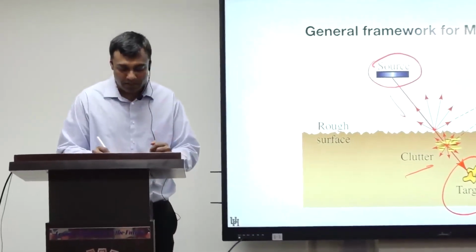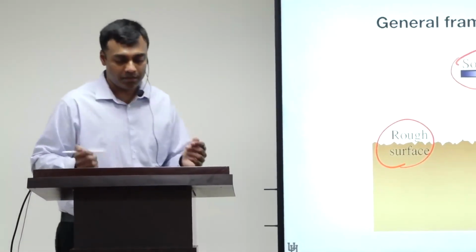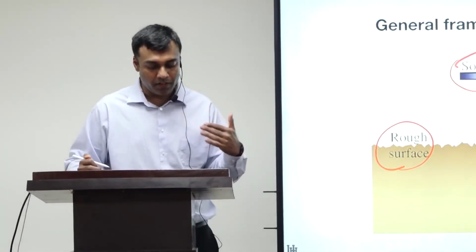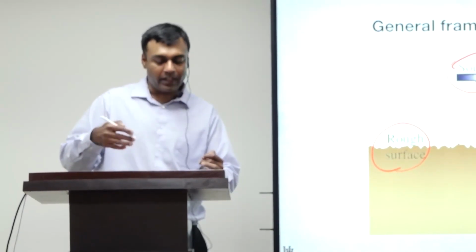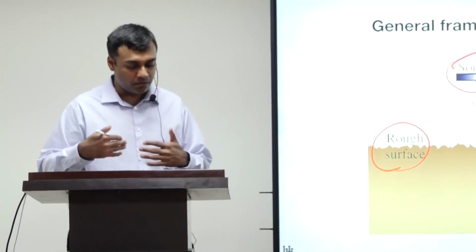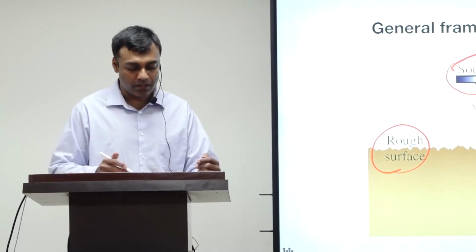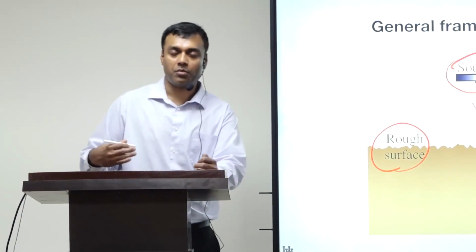It could be clutter, it could be the surface itself, a change in the refractive index or some property in between. We have to figure out how to get our source radiation to the target, and then when it comes back out, we have the same kind of problem.